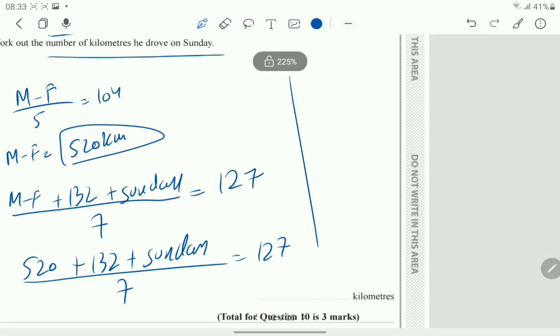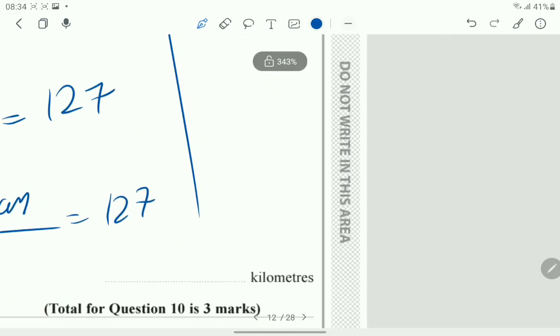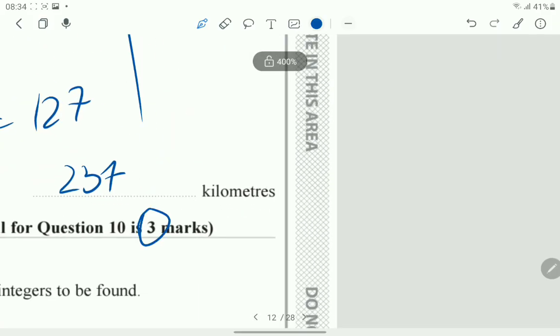Now solving this, we get 520 plus 132 is 652 plus Sunday equals 127 times 7, which is 889, and for Sunday we get the answer by subtracting 889 minus 652. The answer is 237 kilometers. So on Sunday he drove 237 kilometers, and that is how you score 3 marks on this question.